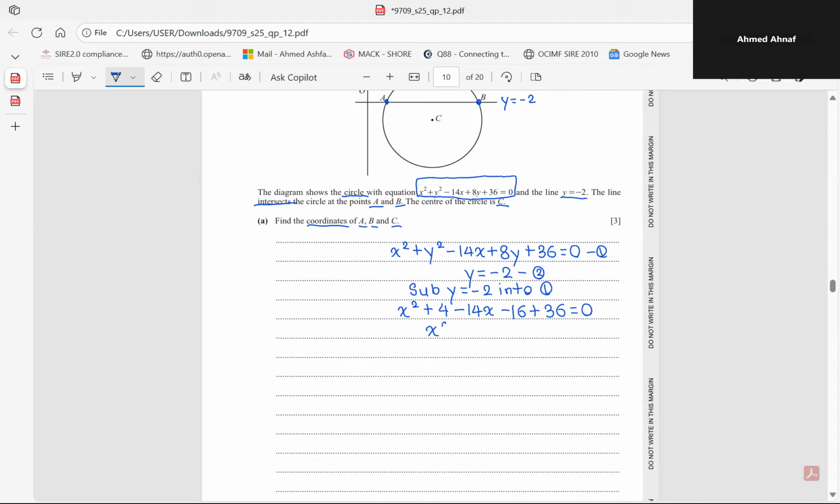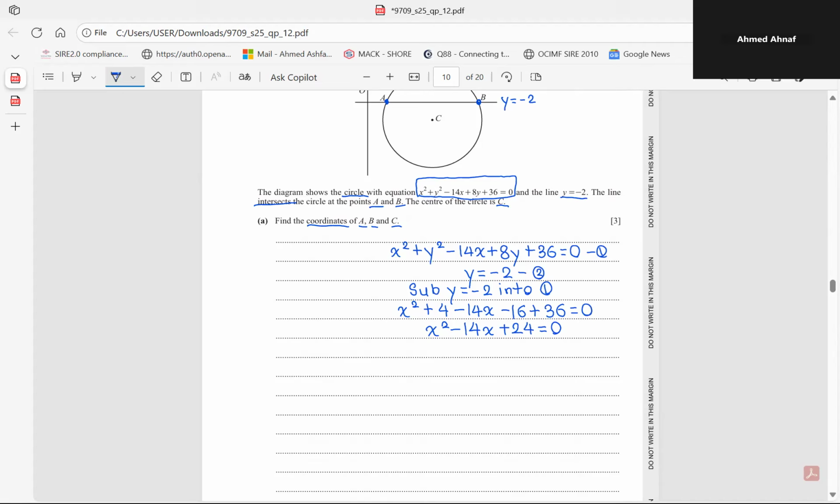So simplifying all this, we'll get x squared minus 14x plus 4 minus 16 plus 36, which should be plus 24, all equals 0. So here we got a quadratic equation in terms of x, and we have to solve it.